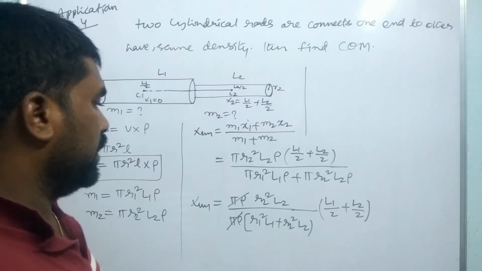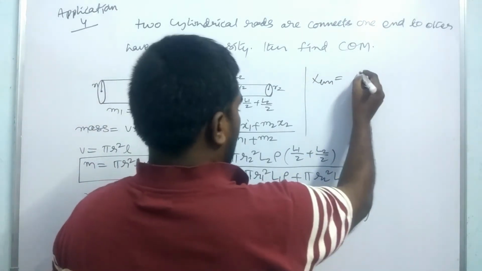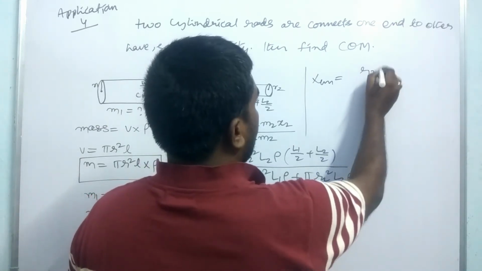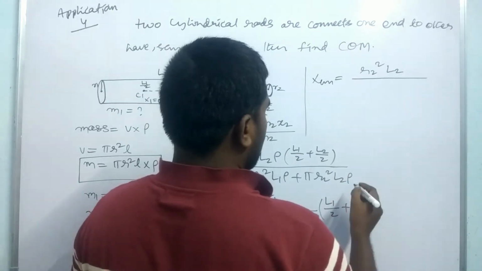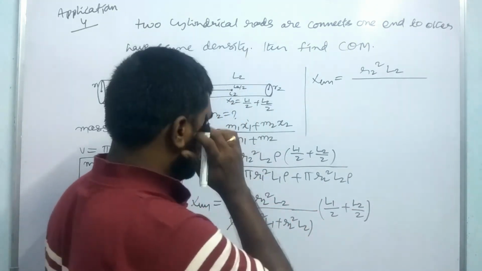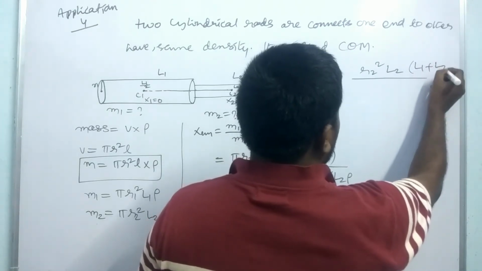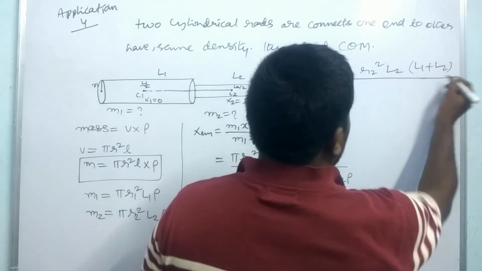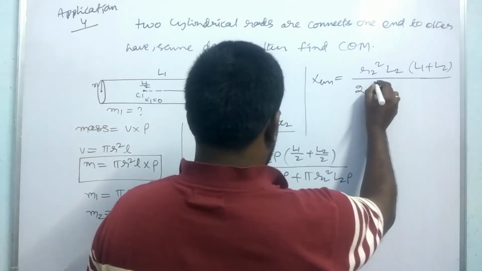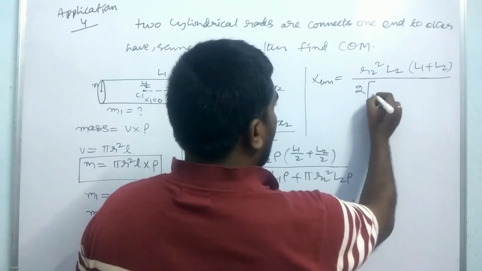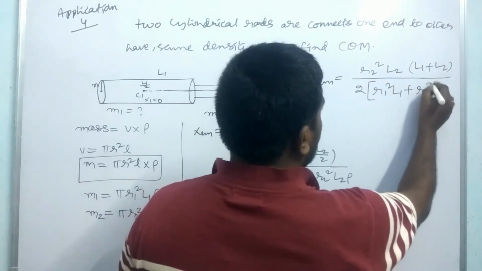We have to write XCM is equal to R2 square L2, by, here you can write L1 plus L2 also, where 2 is the LCM here, 2 into (R1 square L1 plus R2 square L2).